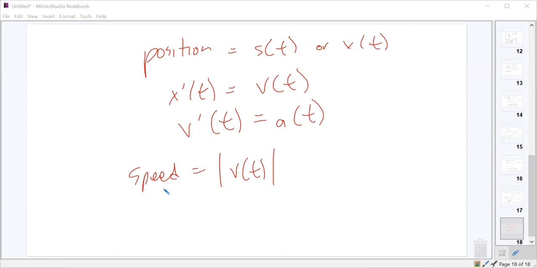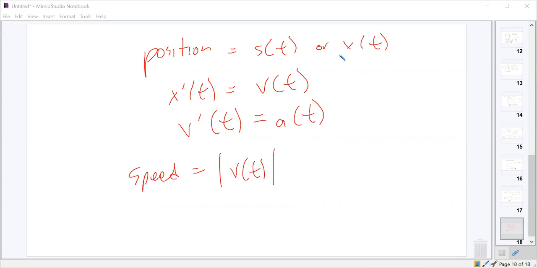They're not going to ask you to describe the path of the particle on the AP test, because usually the function that they give you will be so weird looking that there's no good way to describe what it looks like. So generally they only ask that if it's just moving in a line, which I would be surprised if they do on the BC test, but it's possible. Any motion on a line would generally be in the multiple choice on the BC test.